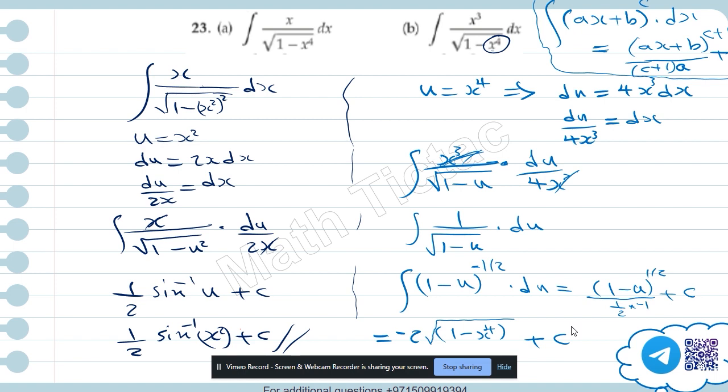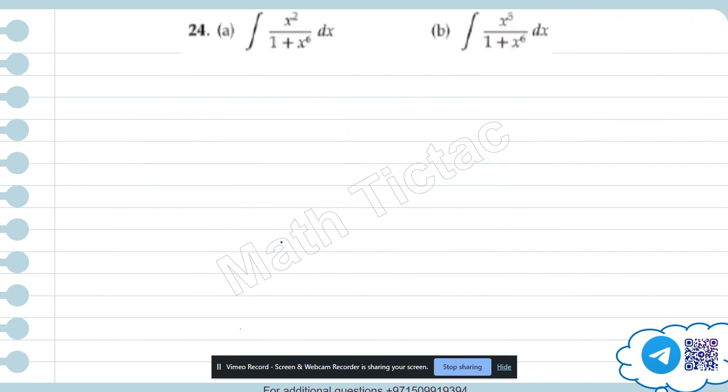Actually, you can solve the whole question by substitution if you substitute 1 minus x to the power 4. It will be the same also, because 1 minus x to the power 4 is easier. Over here, x squared, the same as the previous one. So over here I'm just going to write what the assumption is.